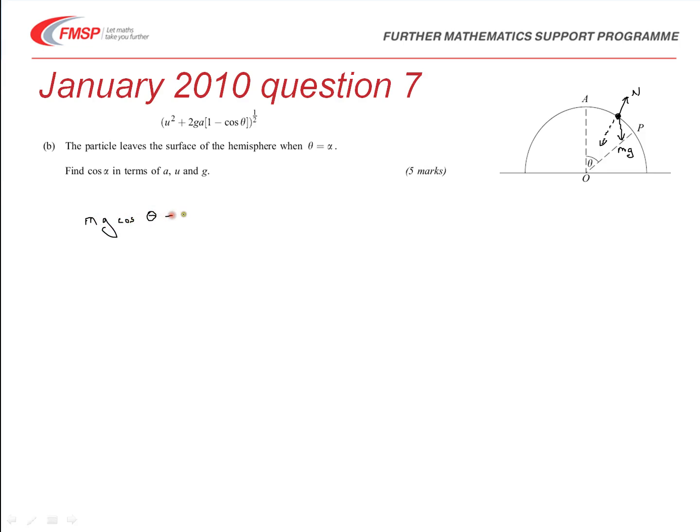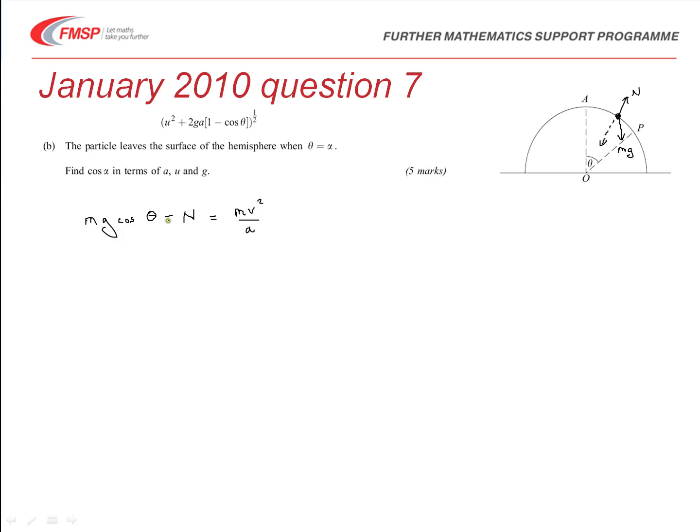The normal reaction is in the opposite direction, and those two things together create the force towards the centre of the circle, which in this case is going to be mv squared over r, and r is the radius of the circle, which is a. So that's using the components of the forces towards the centre of the circle, creating the circular motion.